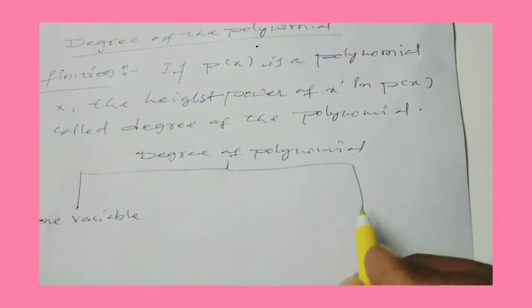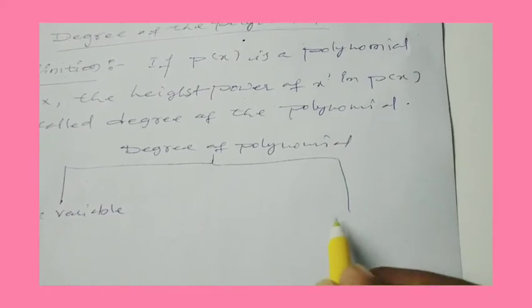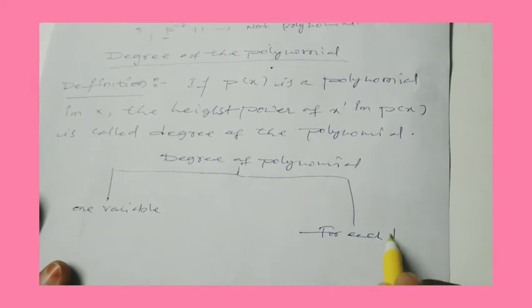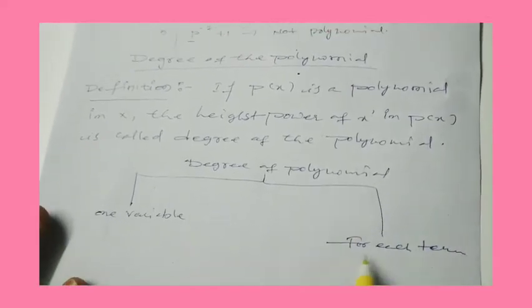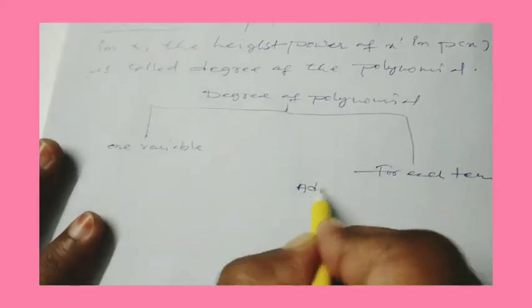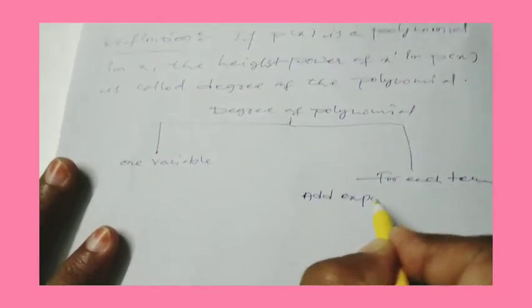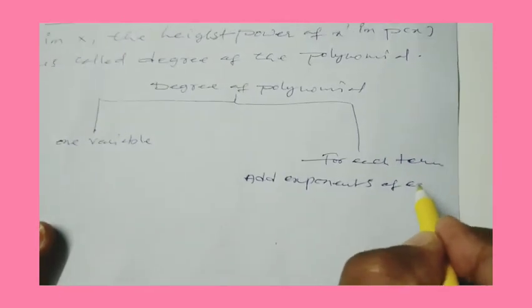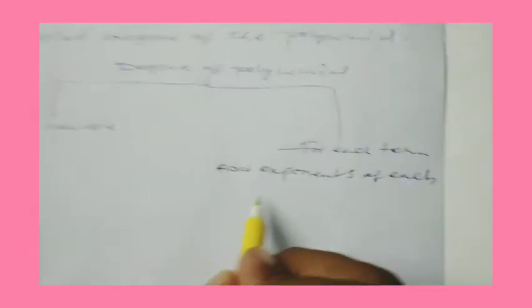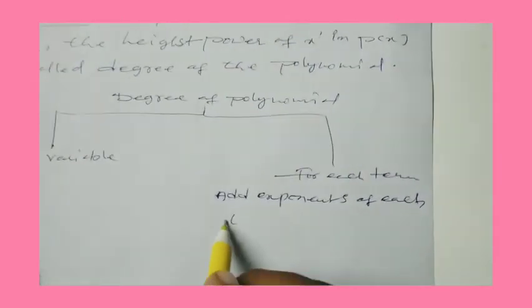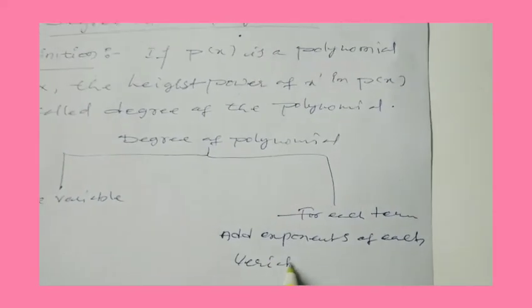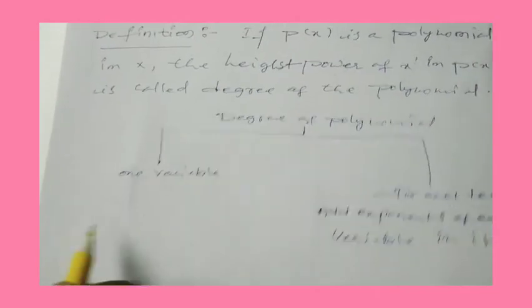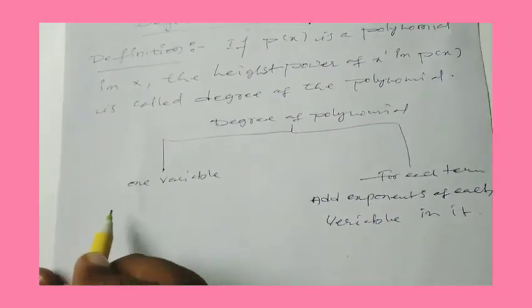Second one is, for each term, add the exponents of each variable in it. Okay, so one variable examples we will see some.